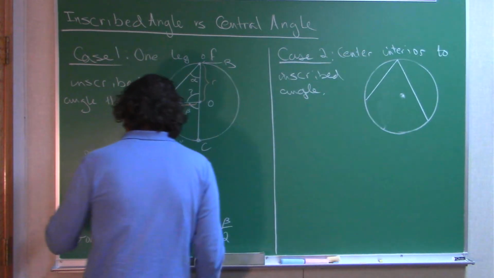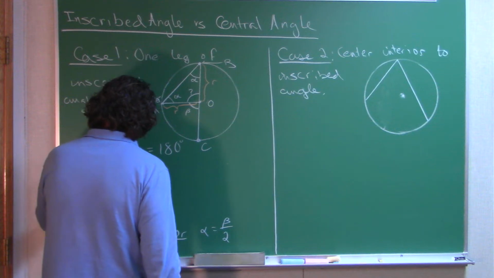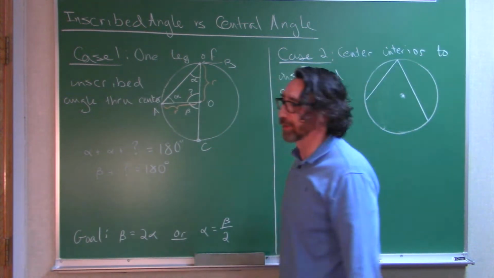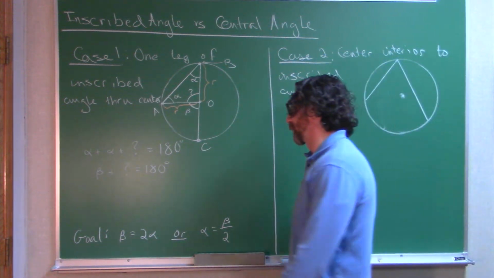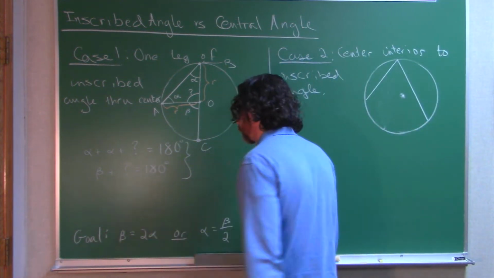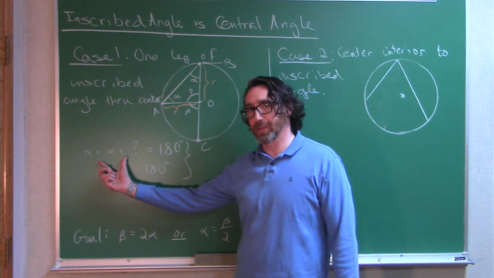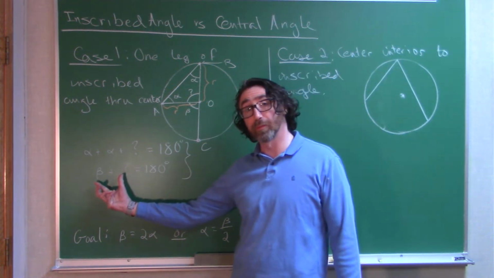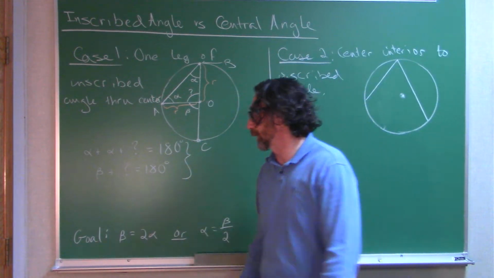In other words, beta plus whatever value the question mark is equal to 180 degrees. Okay, so put these two together. The sum of these three angles is 180. The sum of these two angles is also 180.